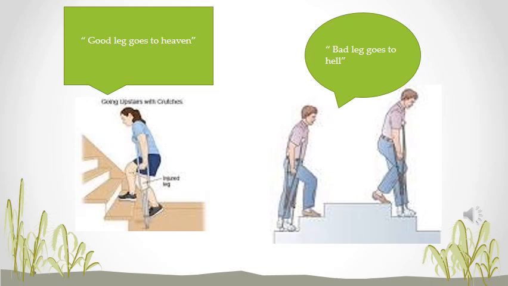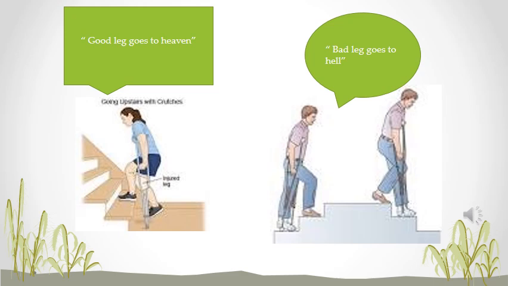Now the instructions you will give your patient. When you go upstairs, always tell them that the good leg goes up first, while the crutch and the affected leg remain behind.